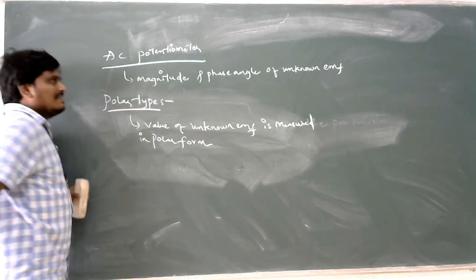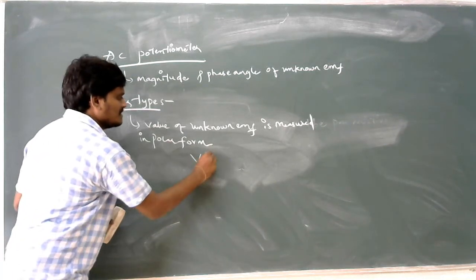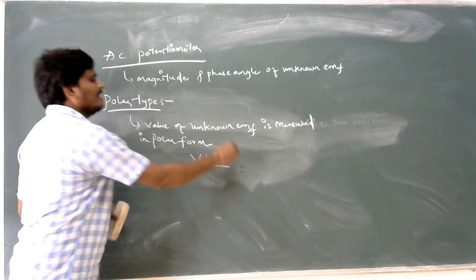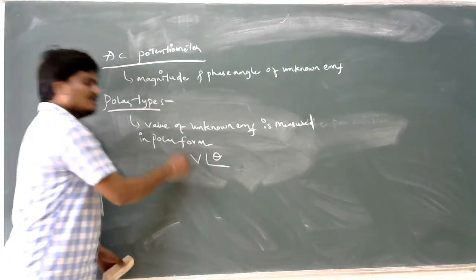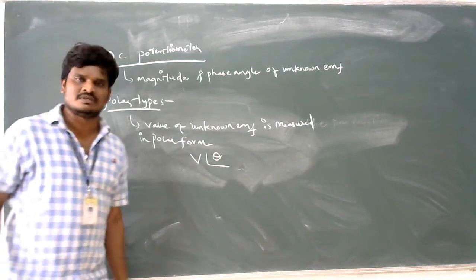That is, the magnitude and phase angle of the unknown EMF are represented in the form V at an angle theta, where V represents the magnitude of the unknown EMF and theta represents its phase angle.